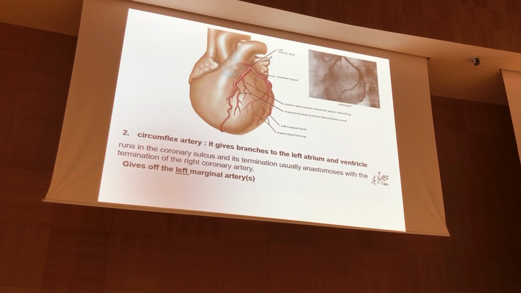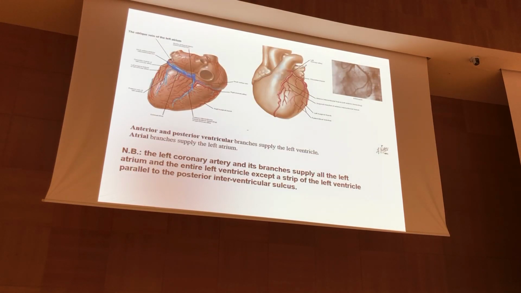So this is the LAD, and this is the circumflex artery with its marginal branches. Okay? Now, again, this is the circumflex. It's running in the coronary sulcus, just underneath the coronary sinus.